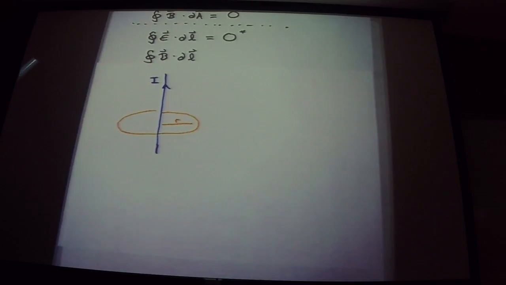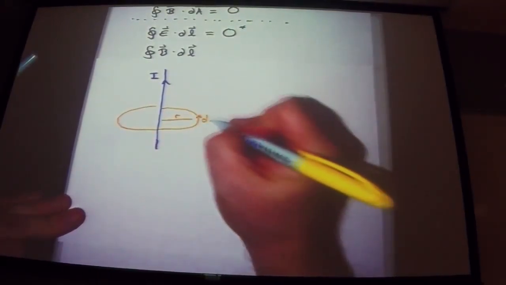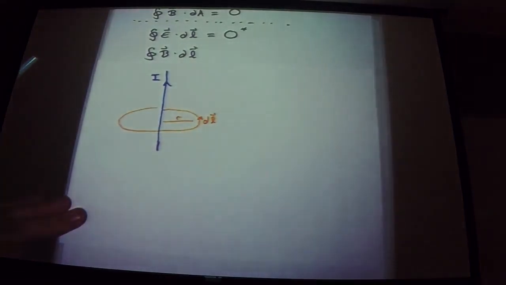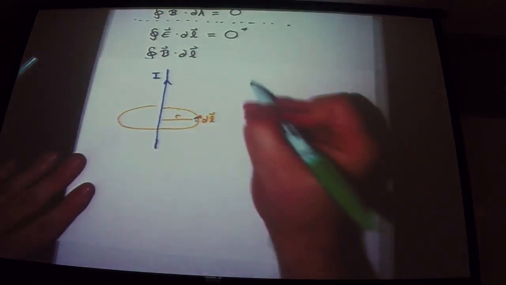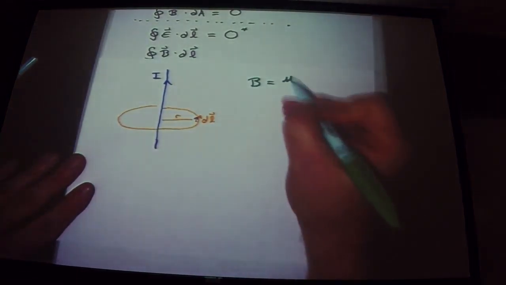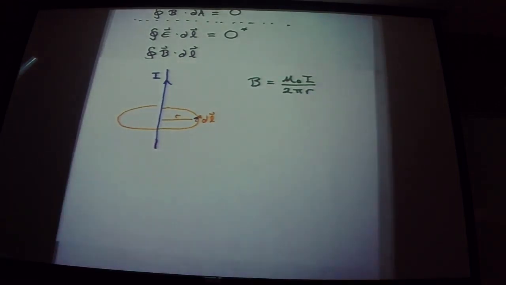All right, so we're going to put our little dL here. So here's our little dL. The magnetic field at this point goes along this line here. And we know the magnetic field is mu naught I divided by 2 pi r. Now I want to set up my integral.